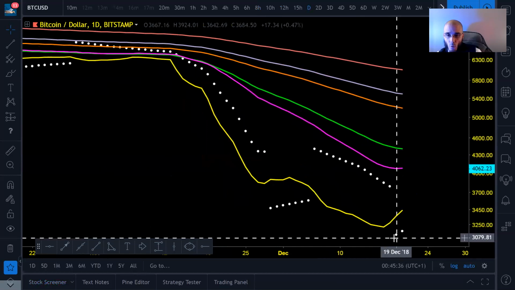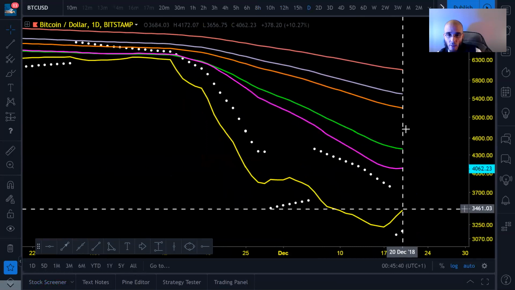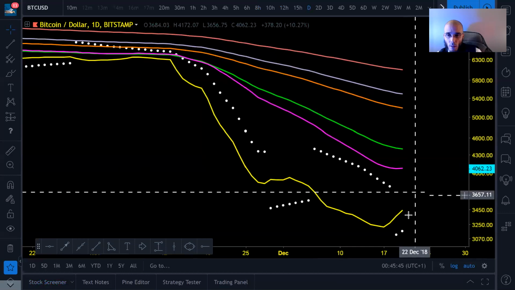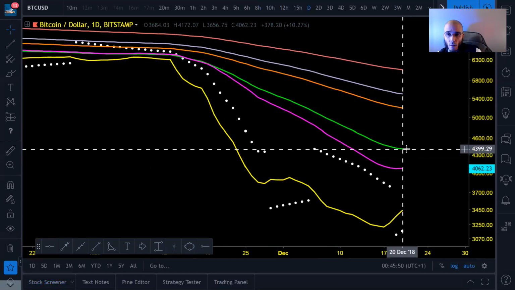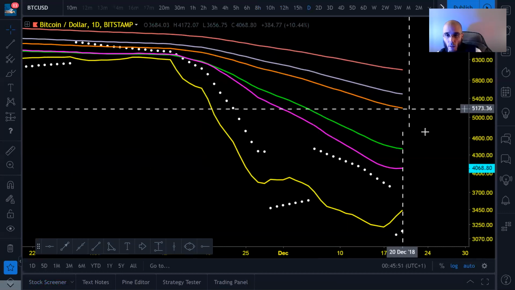The first two stop and reverse did get hit. The 7 EMA is pointing up. You will get a golden cross once the 7 EMA crosses the 30 EMA, and then the 50 EMA. And the next one will be the 100 EMA.